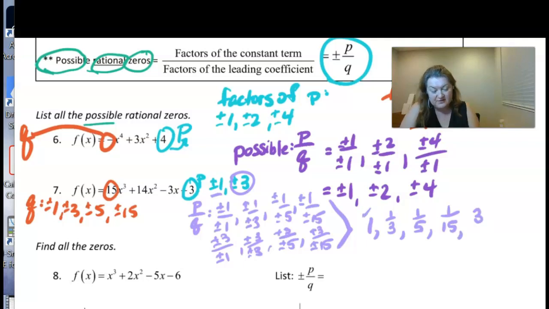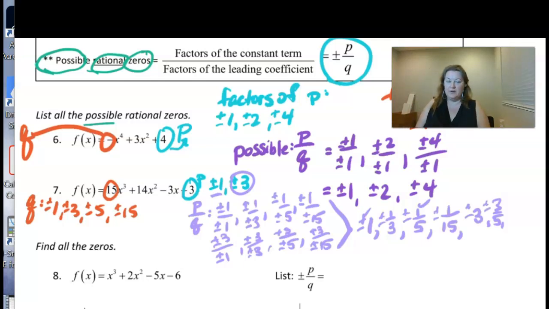It's already there, so I don't have to write it again. 3 over 5 is a new fraction. And then 3 over 15 is 1/5, and I already have that there, so I don't need to list it again. So my p's over q's are this many possibilities that if I had to go find an answer, it's going to be in that list if there is a real one, and if it's fractional.